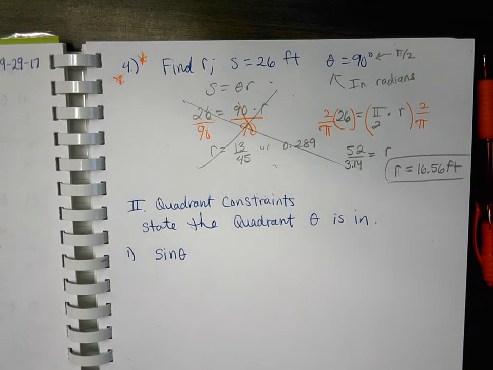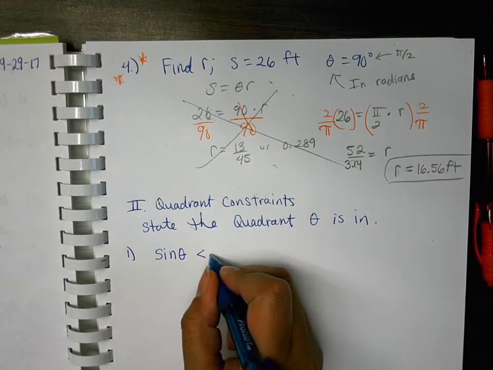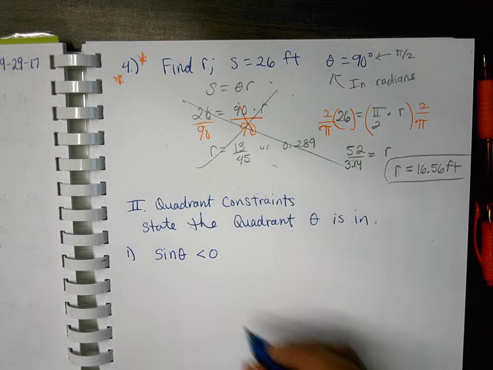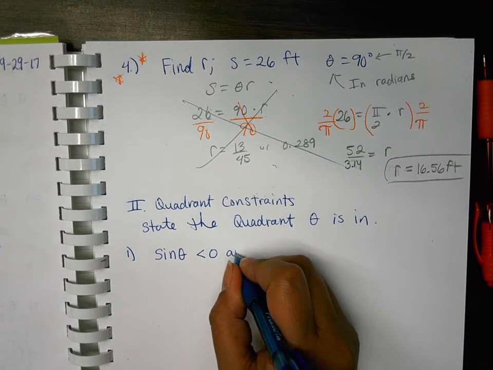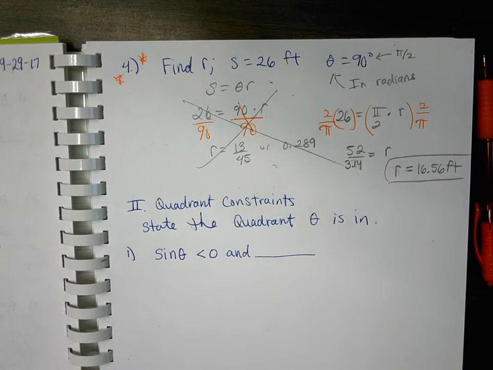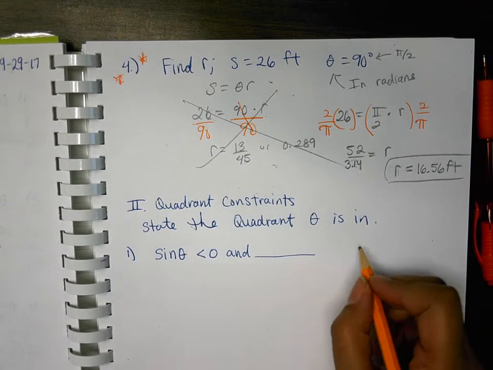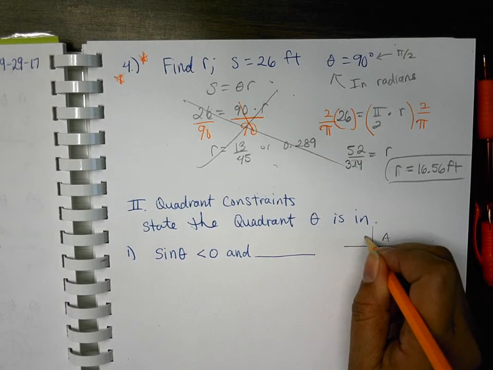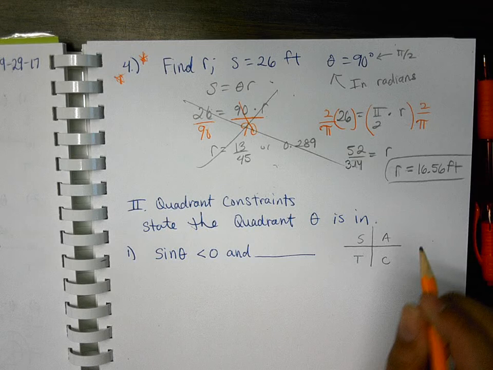I will tell you that sine of theta is less than 0, and I'm not going to give you the second piece of information yet. With just this information, I want us to use our all students take calculus.